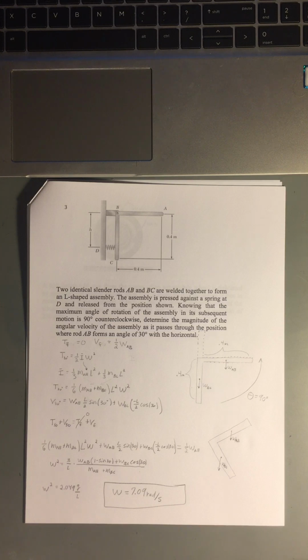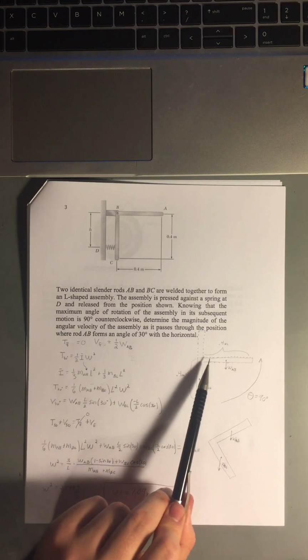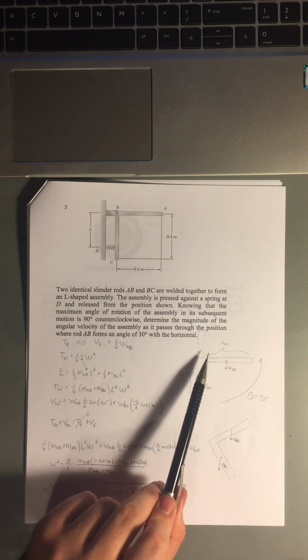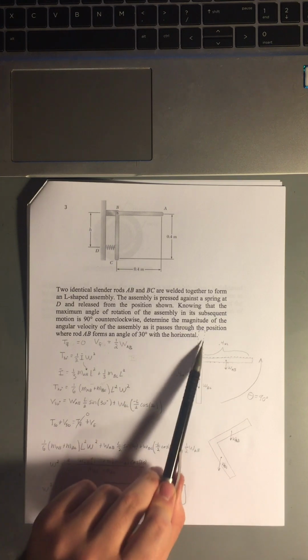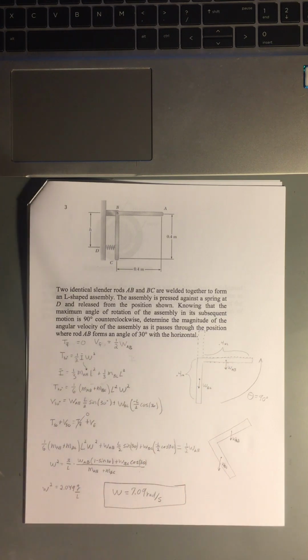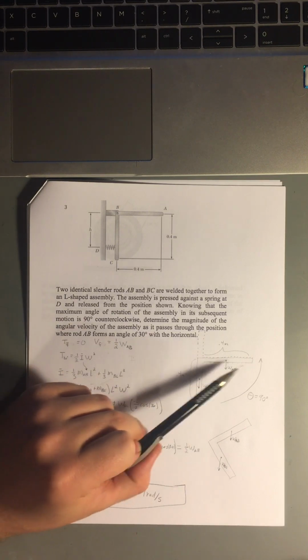And so looking at this, the first thing I did was look at this picture here and try and find the final kinetic energy of this shape when it's all the way up to this 90-degree rotation when it's flipped up. And so at that point, there will be no more kinetic energy because it will stop moving, and the potential energy will only be from the rod that is horizontal here.